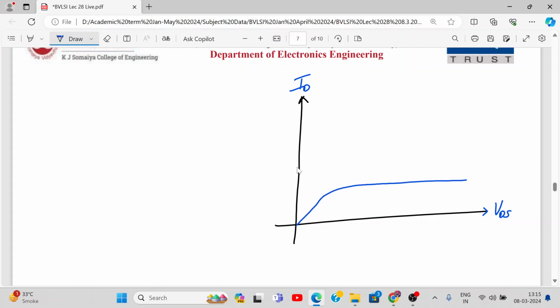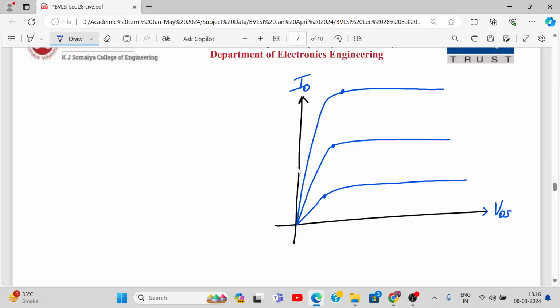Understood? You get another curve which is like this. And you get another curve which is like this. Okay. This will be constant. This will be the maximum points. So these points will go on shifting ahead, right?